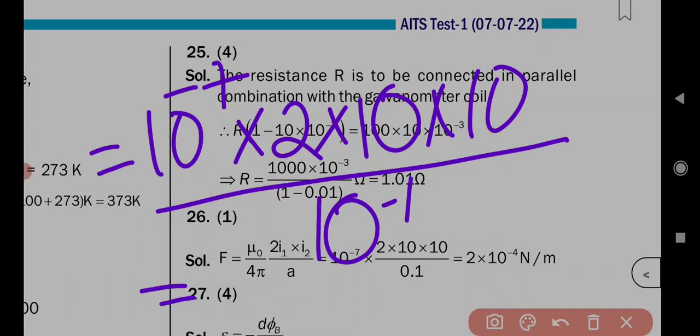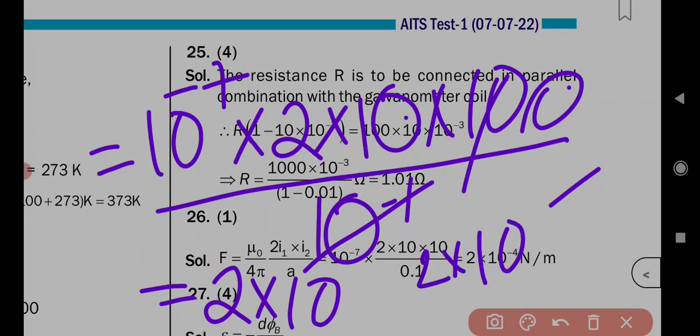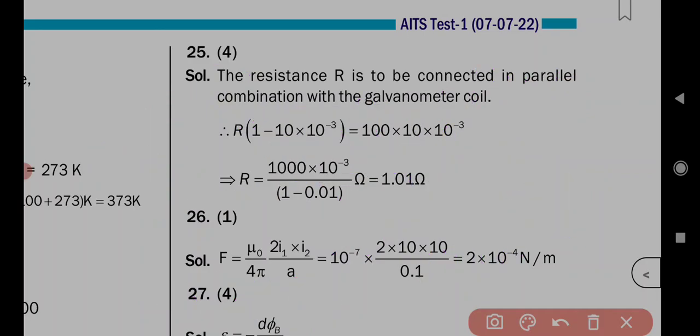So it becomes 2 into 10 to the power 3 minus 10 to the power 7, that is 2 into 10 to the power minus 4. And since they are in the same direction, we take it as attractive force.